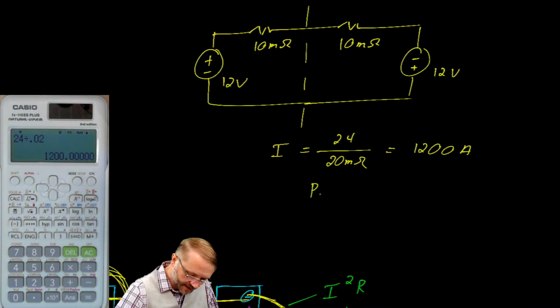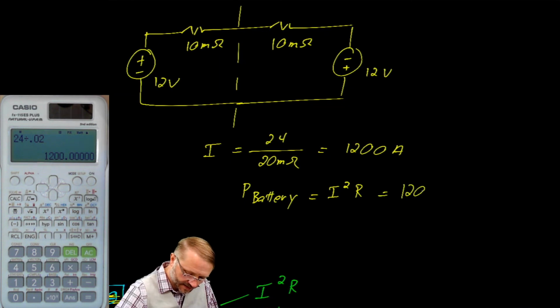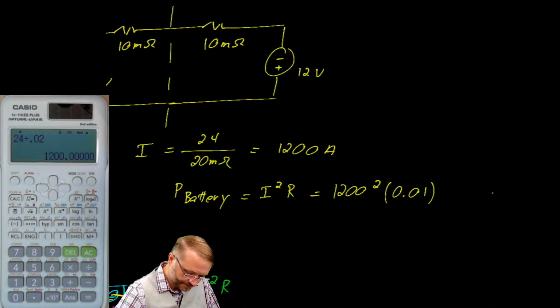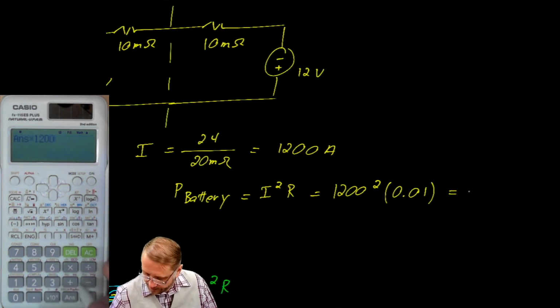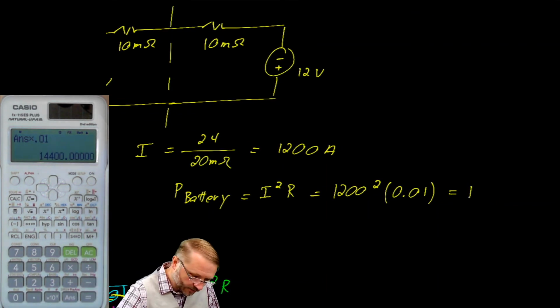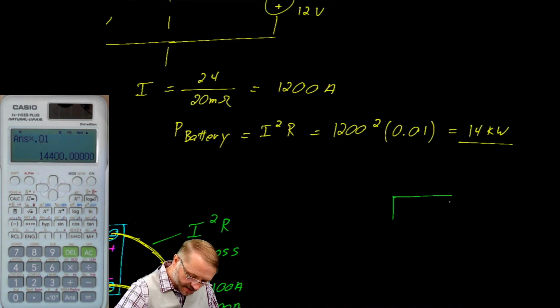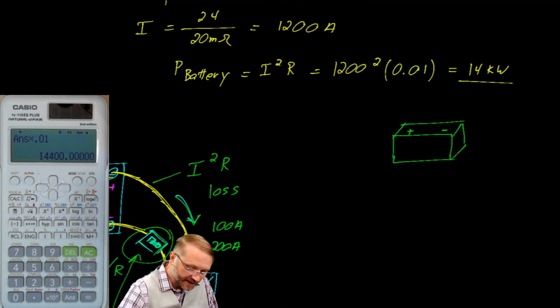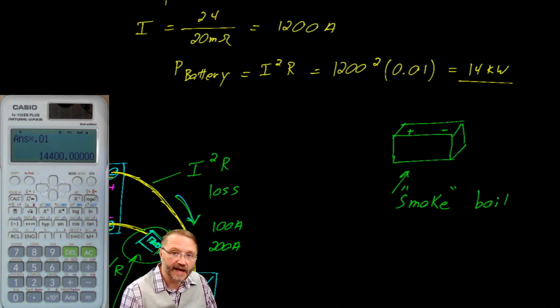And the power in a single battery would equal I squared R. So that's 1200 squared multiplied by 0.01, which is about 14 kilowatts, which is a tremendous amount of power if you are in an enclosure as small as this. You can expect that battery to smoke and boil, and the hydrogen gas may even ignite.